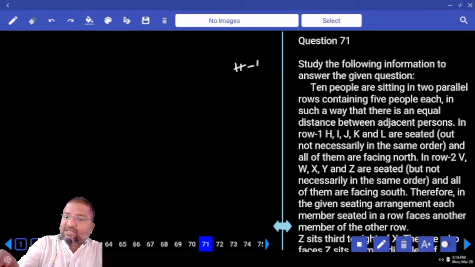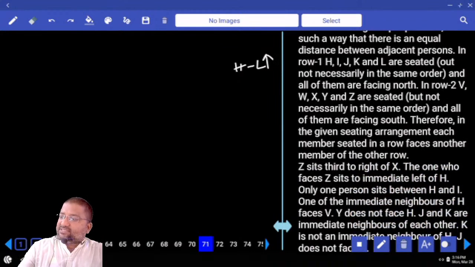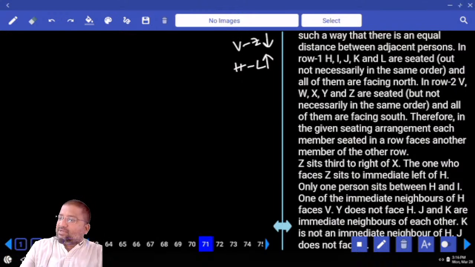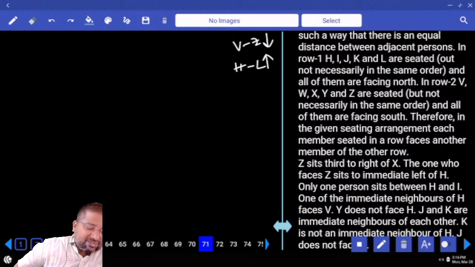In row 2, V, W, X, Y, Z are seated, all of them are facing south.